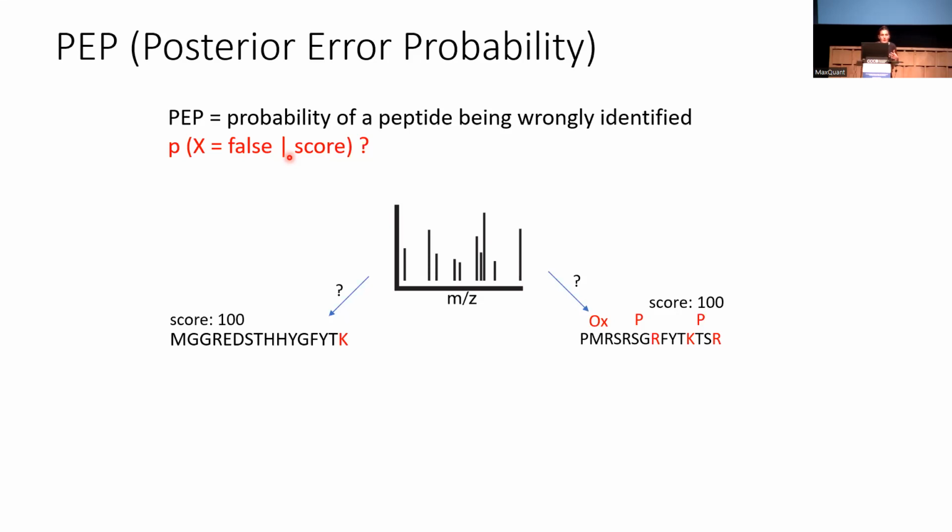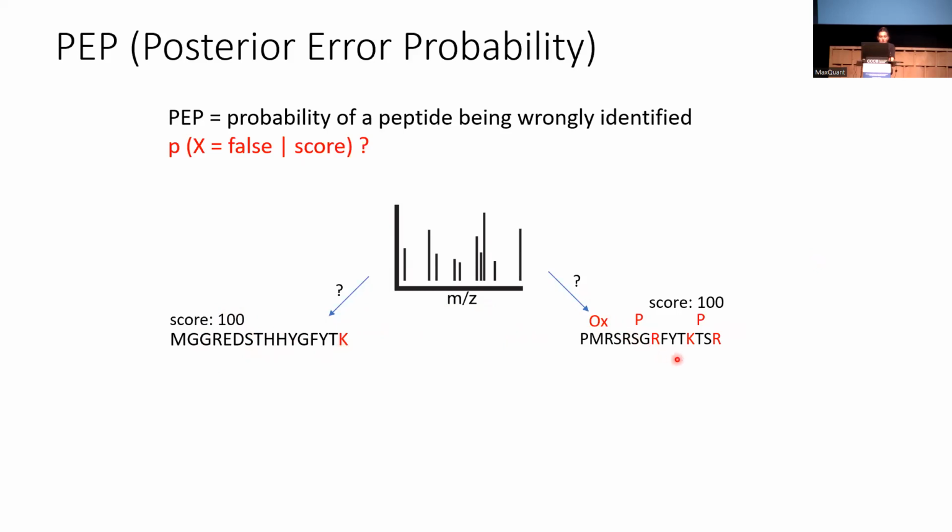To understand why this is important, let's take an example. Here I have a spectrum, and the Andromeda scoring gives two different possibilities with the same score. The score is 100 for both peptides, but one of the peptides is tryptic and doesn't have any miscleavages or any PTMs.